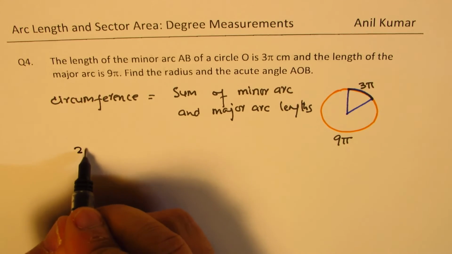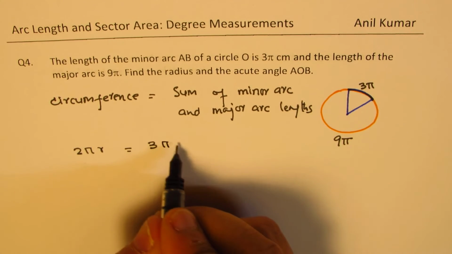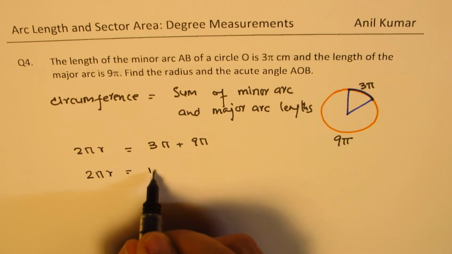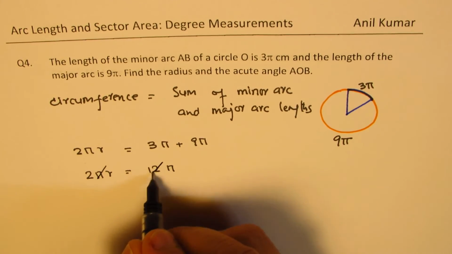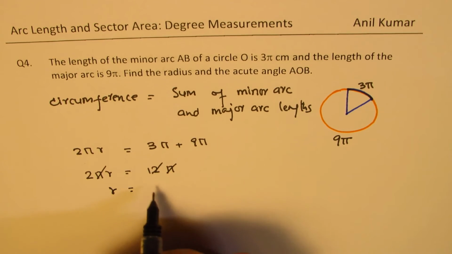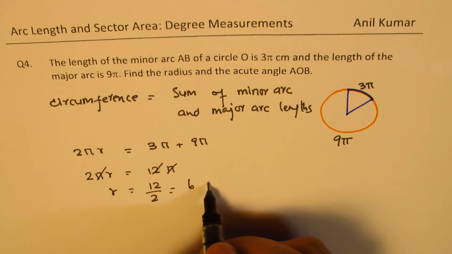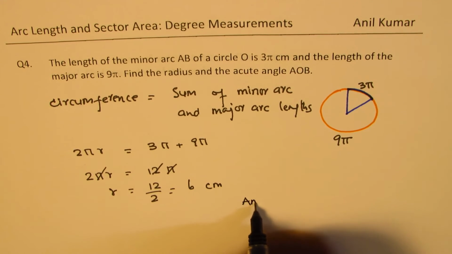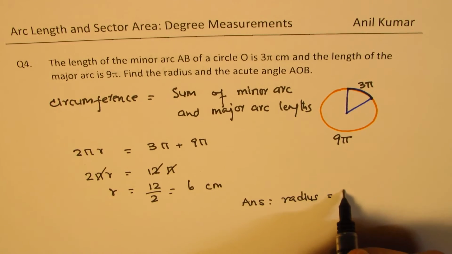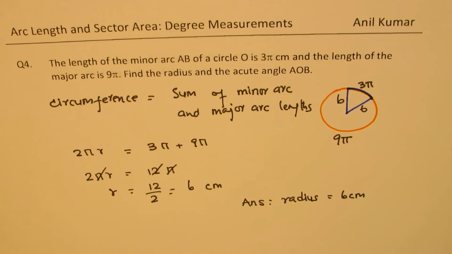So the circumference is 2 pi r, and these two are given to us as 3 pi plus 9 pi. So we get 2 pi r as equal to 12 pi. Well, pi and pi cancel. And r is 12 over 2, which is 6. The units are centimeters. So therefore, we have our answer, radius equals 6 centimeters, right? So we have r as 6. So that is one part.